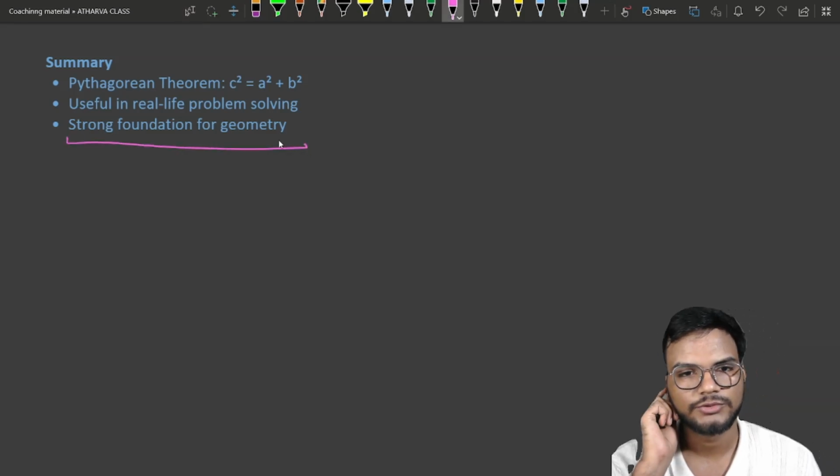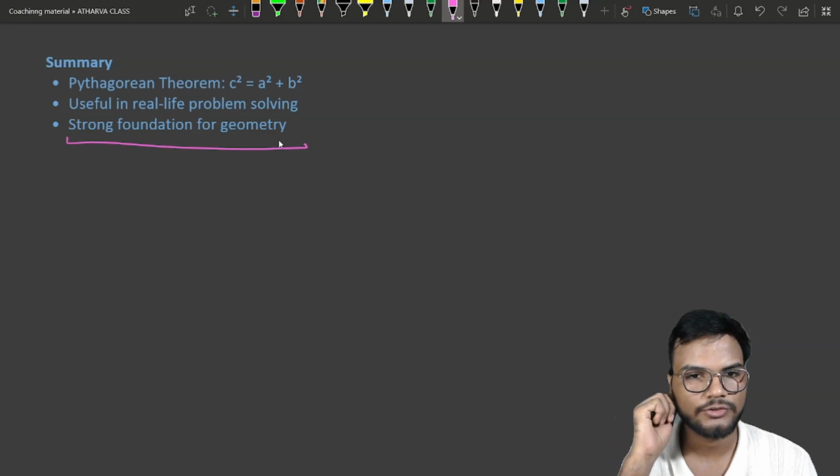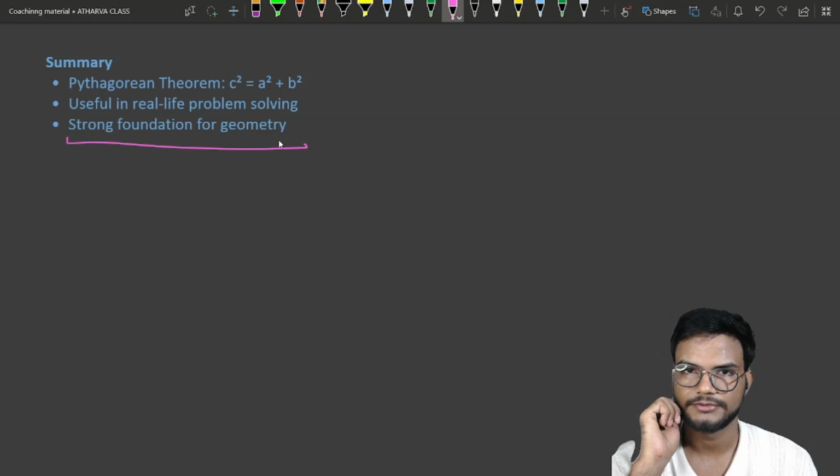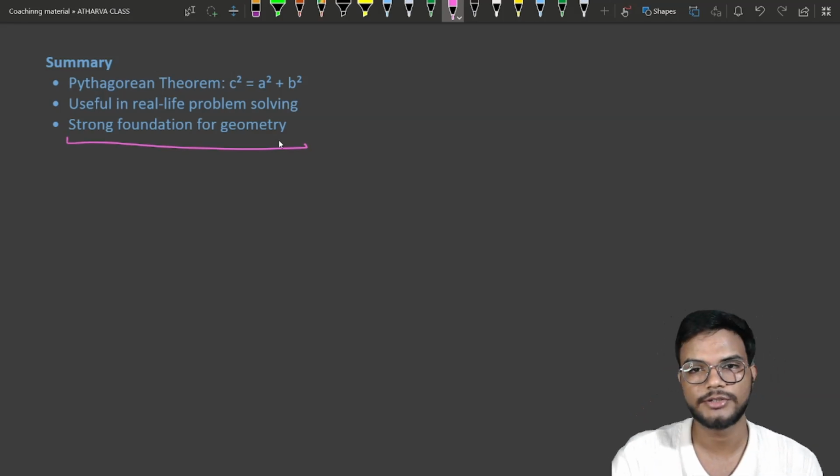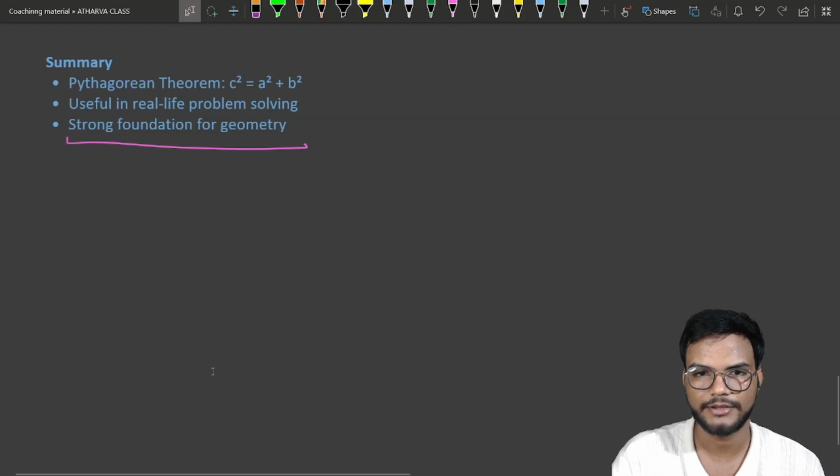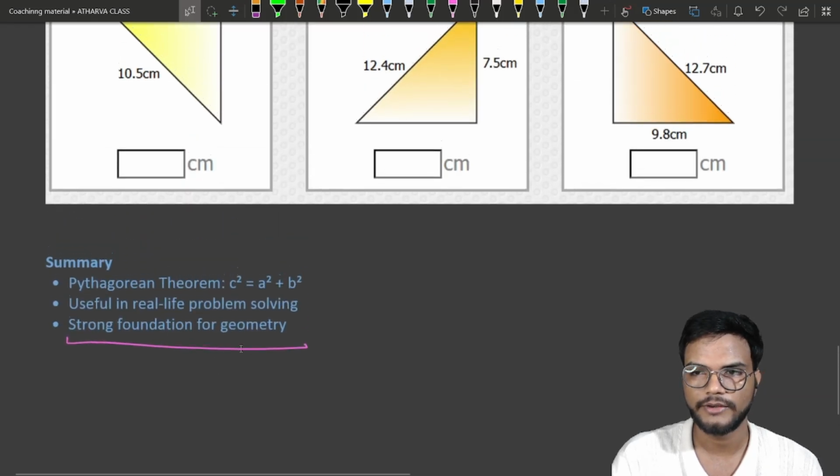There is another use also, that if you have a strong foundation of this, it is going to help you in geometry, right? If you are going to solve geometry, you will use it in a very usual way.